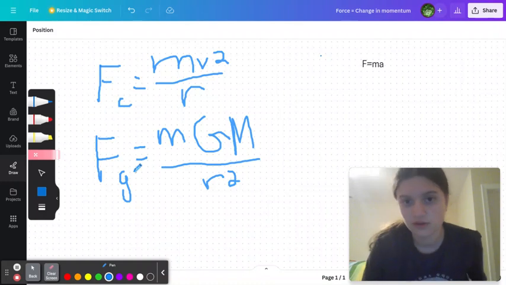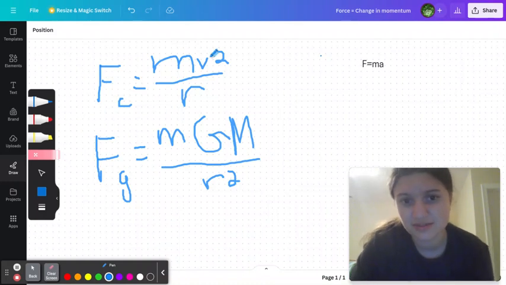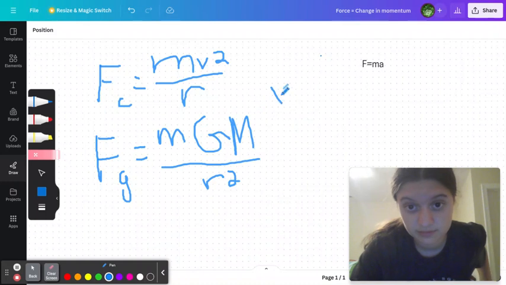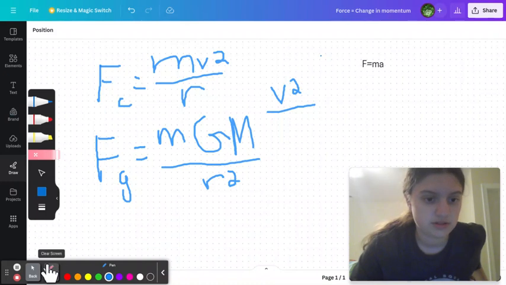So we can, and the forces are equal to each other. Again, we're mostly looking at this acceleration part, this ma part of it. So we have v squared over r, the centripetal acceleration. Oh, I'm going to clear this.